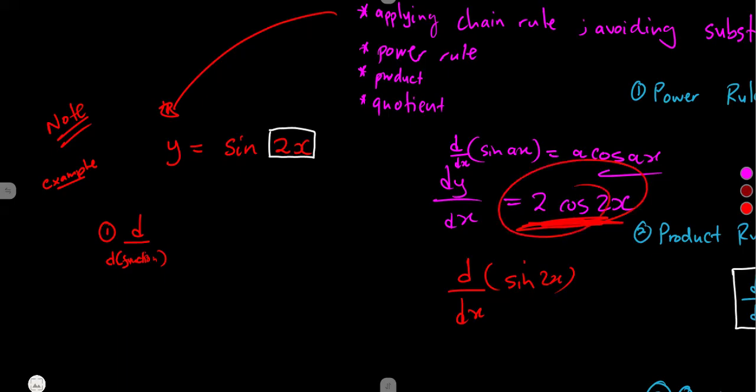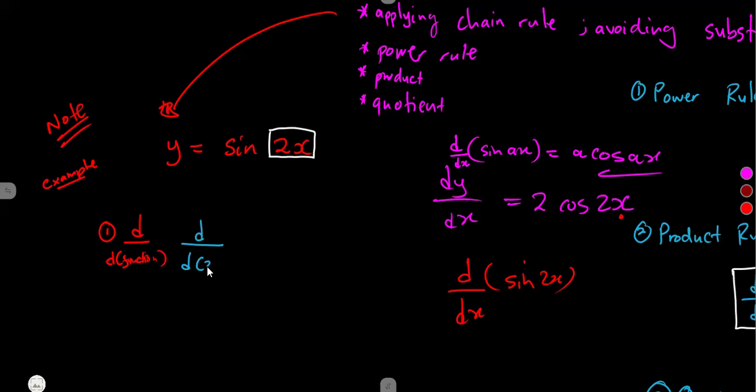It was differentiated with respect to x, and we had to also consider the 2 in the derivative. But here I'm saying with respect to the function, which is with respect to 2x.